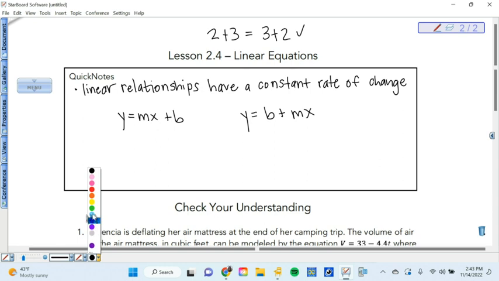And my b, let me correct it again. My b is the number that's all by itself. It is not being multiplied by x. B represents the starting value.